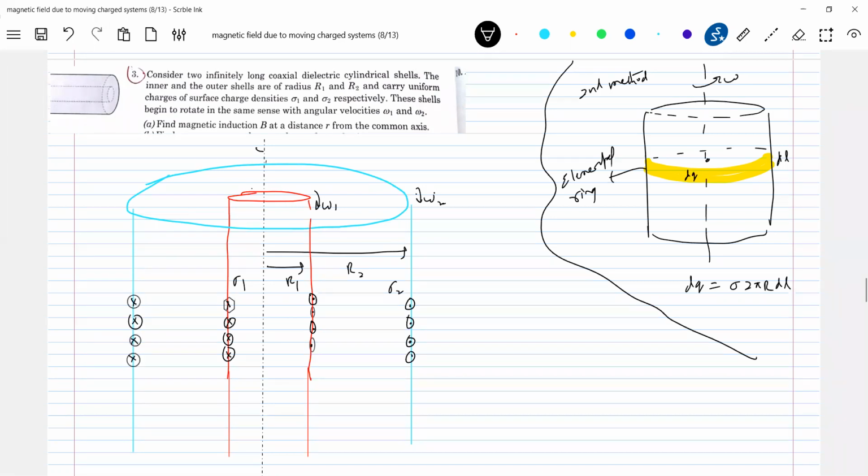And nearby that show the B bar. So I'll call this B1, no? This is B2. This is B1.